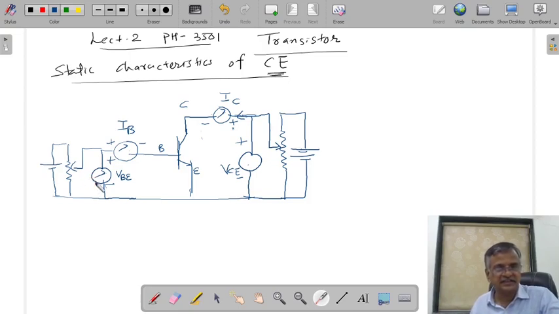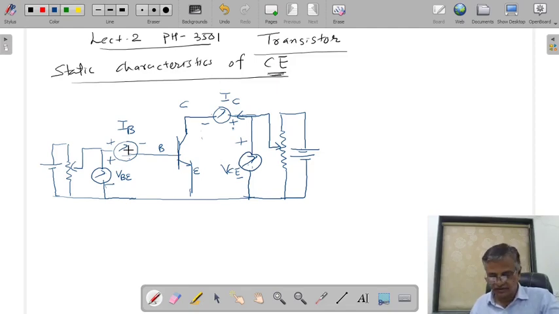What are characteristics? Simply, you can say characteristics is nothing but the relation between the output current with respect to output voltage, for a given value of the input current, and this is called output characteristics.